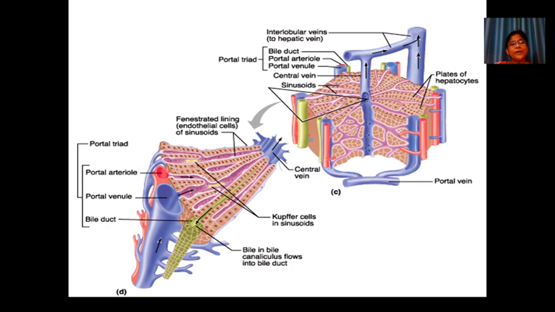These cells are there, no? These cells are known as hepatocytes. See here, in these plates of hepatocytes, the hepatocytes are arranged in columns, that means rows, pairs of rows.